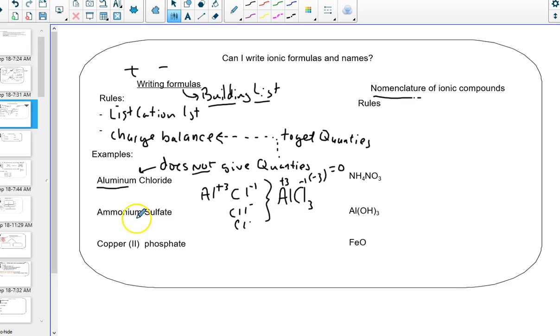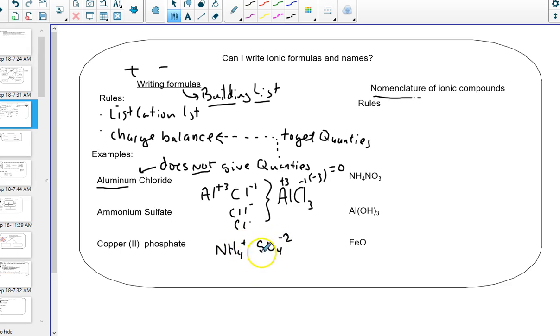Ammonium sulfate. Ammonium is a polyatomic ion. Look on your ion sheet, very top. And I have sulfate, which is a -2 charge. Again, a polyatomic. Now, these guys work as wholes. How many ammoniums does it take to balance off the one sulfate? Well, I need 2 of them.